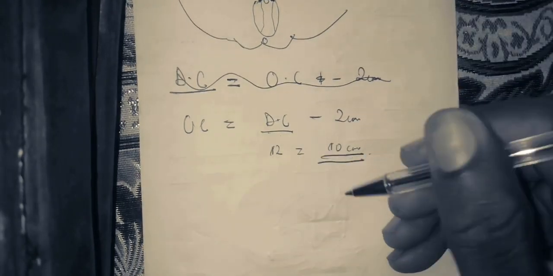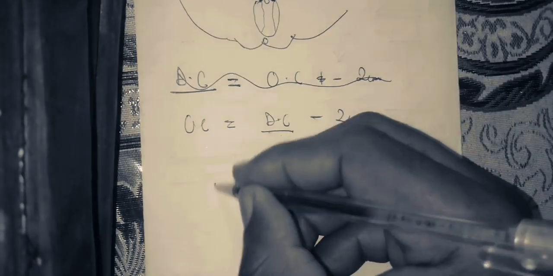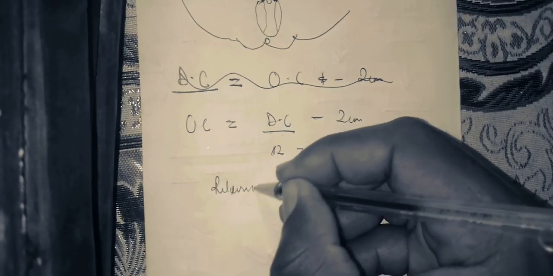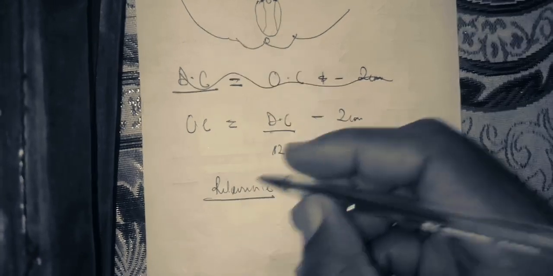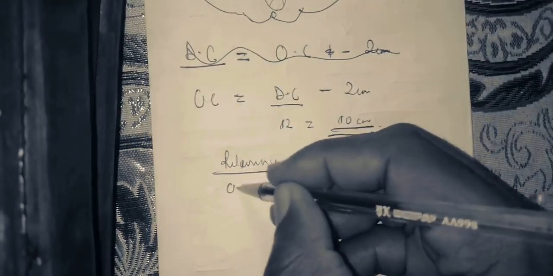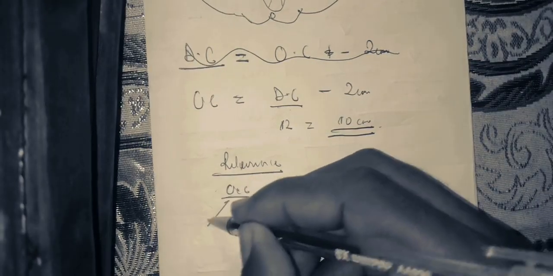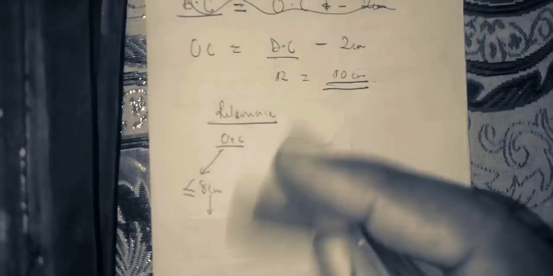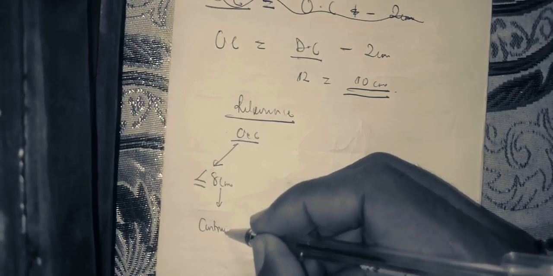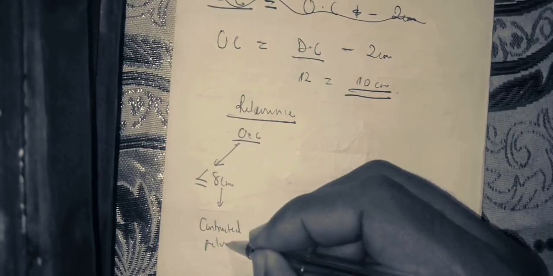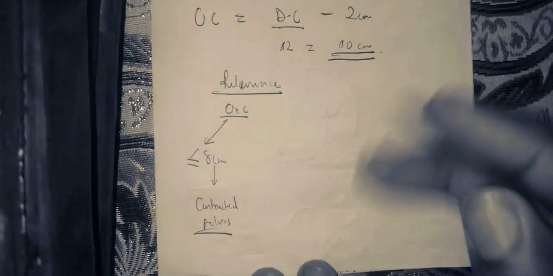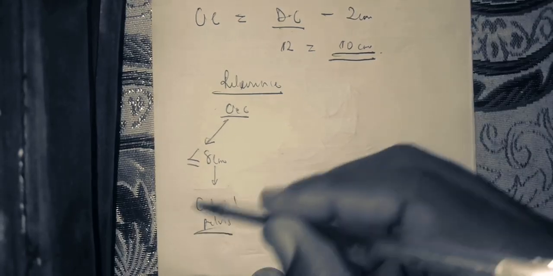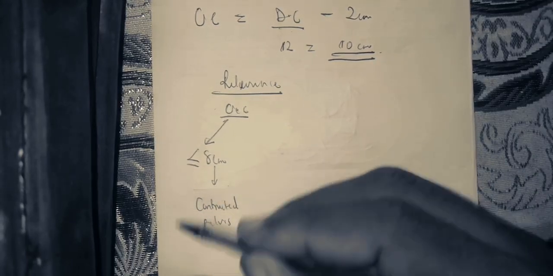Now, when you measure the obstetric conjugate, there is a relevance to the measurement. You need to know that if you have an obstetric conjugate which is less than or equal to 8 centimeters, you have what is called a contracted pelvis. Is it clear? In case of a contracted pelvis, the child is never going to pass through that bony pelvis or pelvic canal.